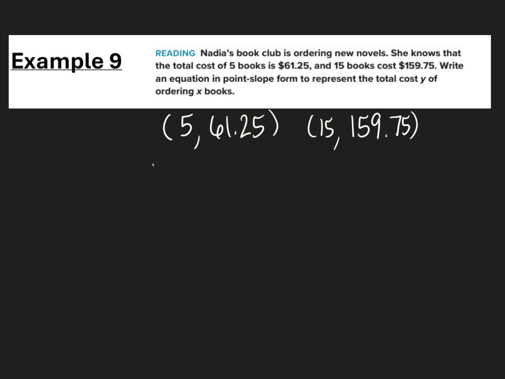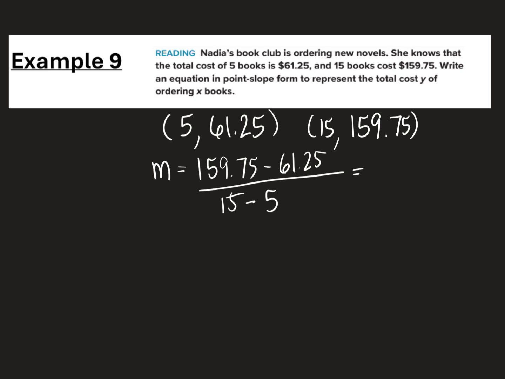$159.75. So the first thing I need to do is find the slope, y2 minus y1 divided by x2 minus x1. So that denominator will be easier for me to get. That's 10. My numerator is 98.5. And 98.5 divided by 10 is 9.85.